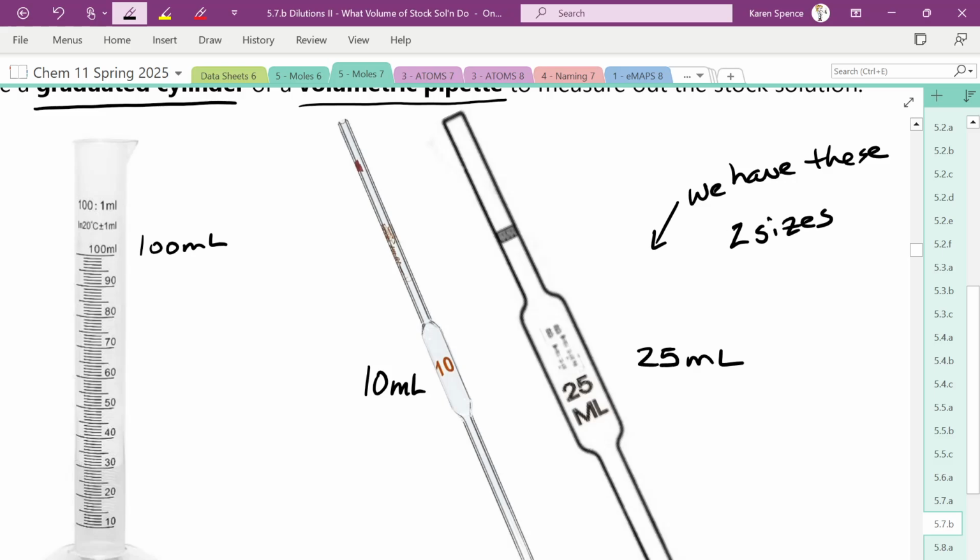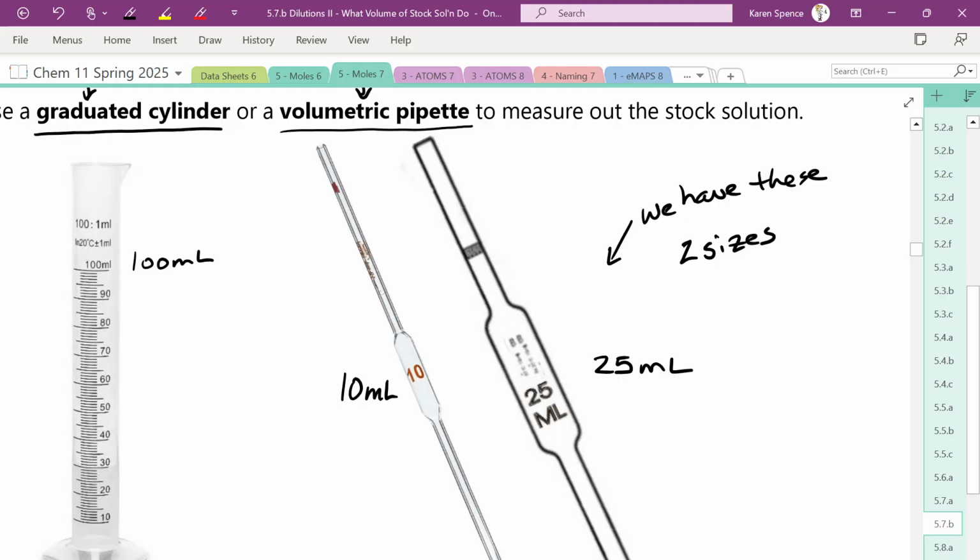This kind of pipette has just one marking on it, and that one marking is 25 milliliters. Just like in the volumetric flask, there was one marking for the 100 milliliters. This one is either for 25 milliliters, or in the case of a 10 milliliter one, it would be 10 milliliters.